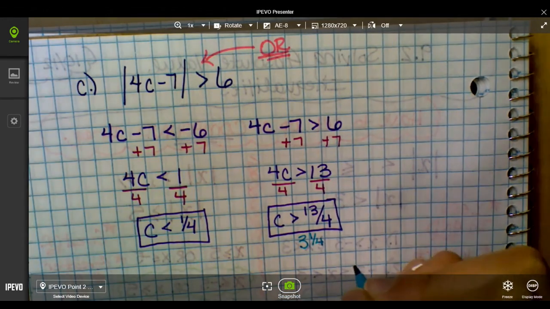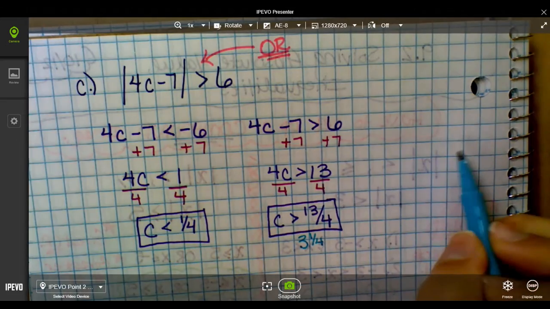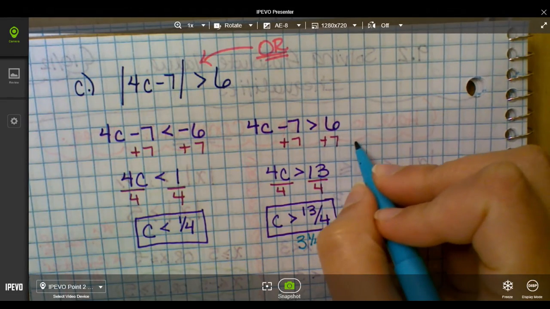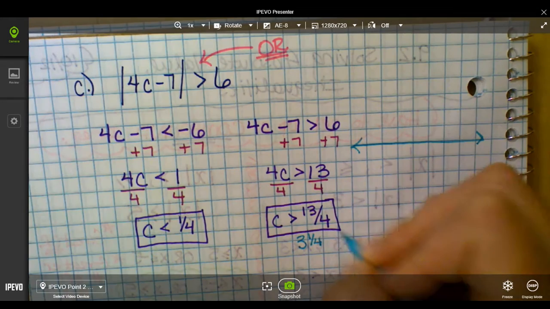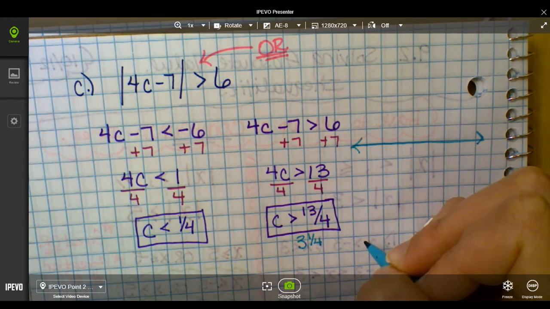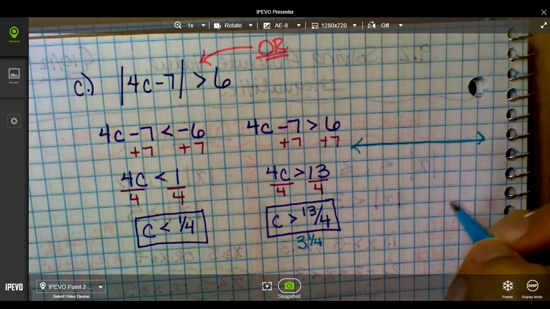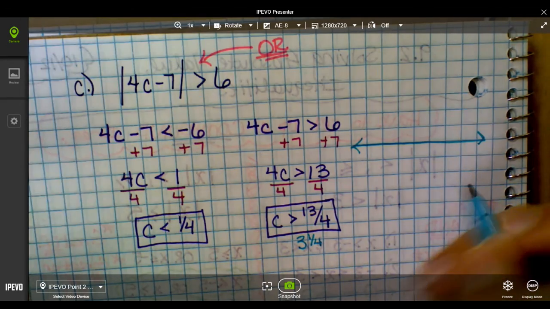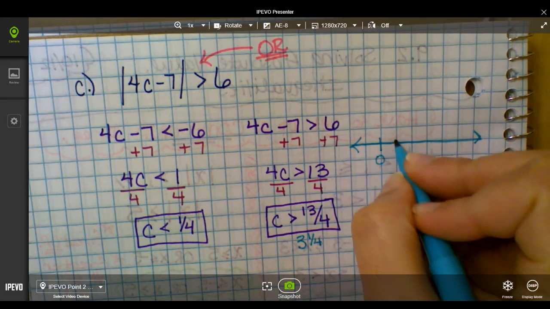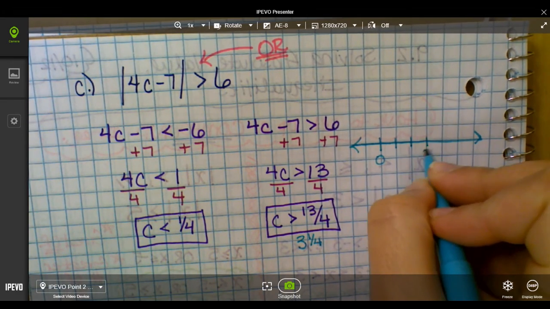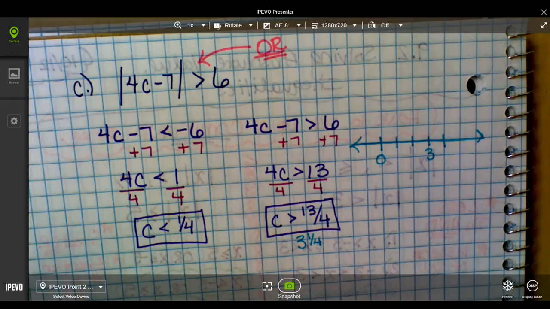So sometimes I just like to write that down just so I know where to graph it, because when you guys are graphing these, I don't like you to put just 1/4 and 13/4 on your number line. I want you to actually put whole numbers on your number line and then just kind of tell me where they are. So I'm going to start over here with 0, 1, 2, 3, and then that is 4.